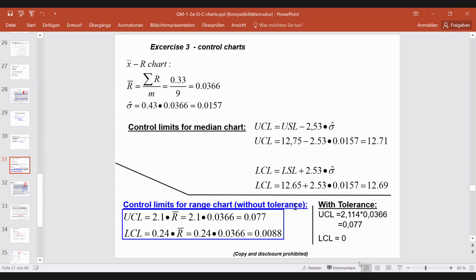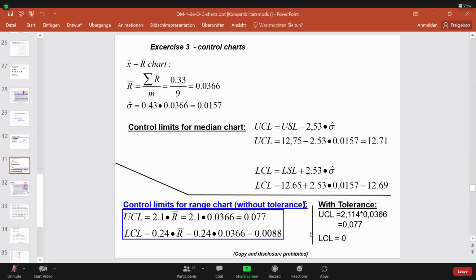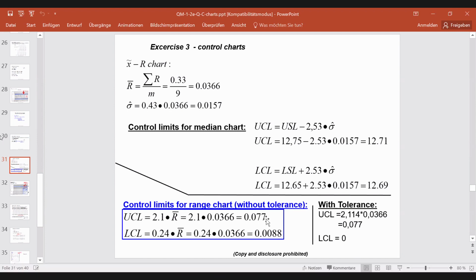This is for the variation line, and this is for the range chart for quality charts without tolerances. Here you can calculate this and you get these values. If you would take the equations for quality charts, range chart with tolerances, you would nearly get the same values.